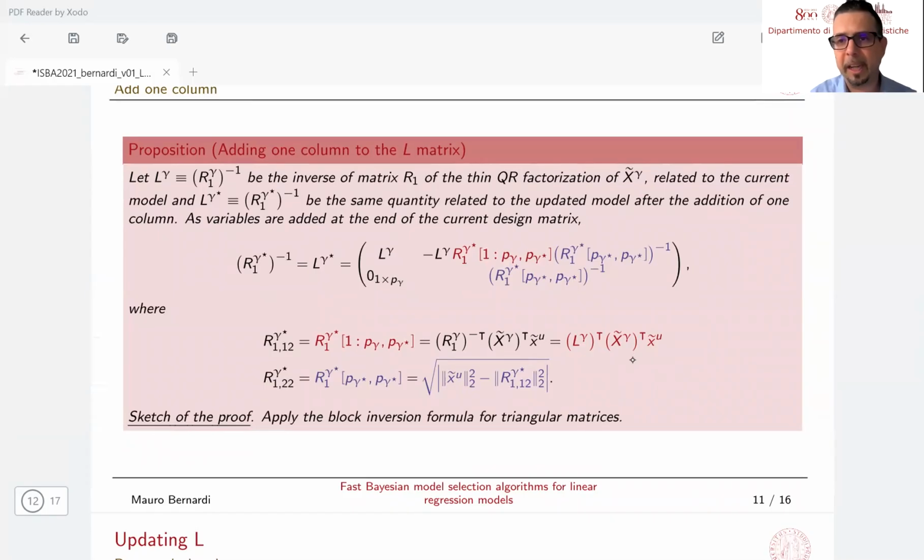Let's consider again the case where we want to add a column as the last column of our design matrix. In that case, we only need to compute the last column of the L matrix. And that column can be obtained again by regressing X tilde on the space spanned by the previous regressors. Okay?